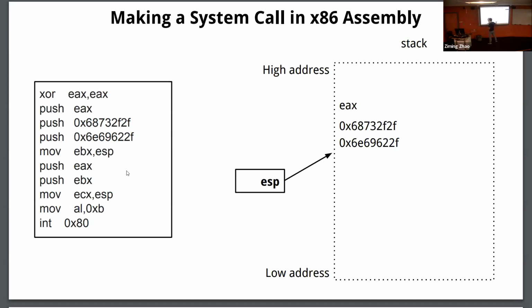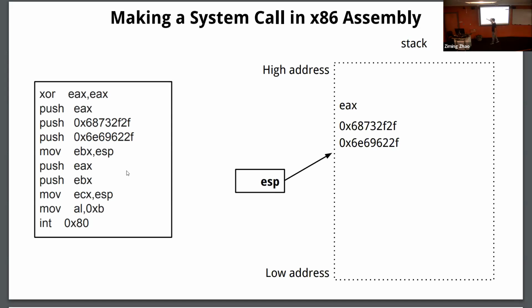Now we push EAX again. We haven't changed EAX so far, so EAX still has a value of 0, so we push another 0 here. Then we push EBX as a value onto the stack. We know EBX points to here, so the value here will also point to here.